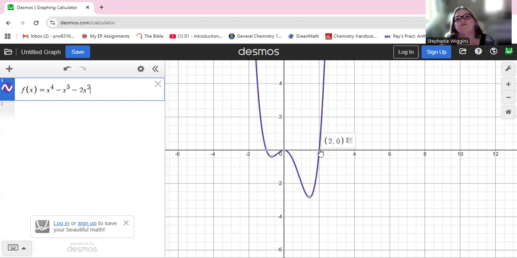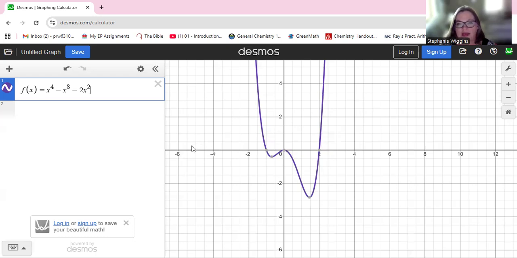It turns out that for any zero, if you know that a number, say c, is a zero for the function, then x minus c has to be a factor, okay? That's a rule. So I can just find the factors of this polynomial by taking x minus -1 or x plus 1, x minus 0 or x, and x minus 2.